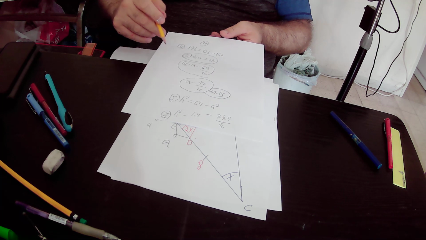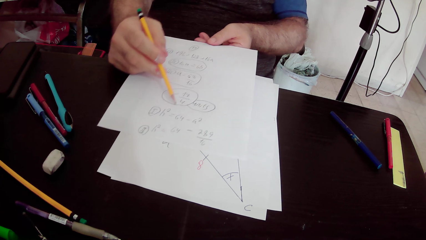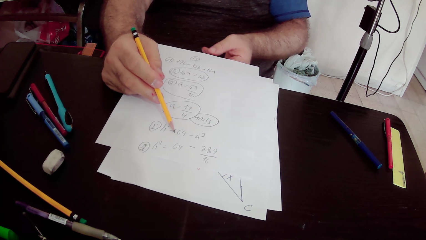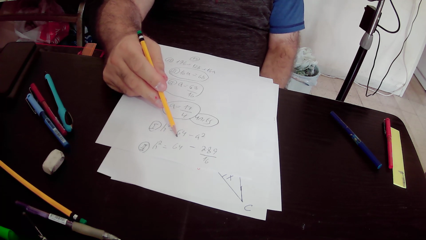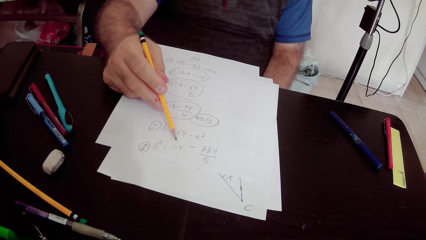Actually here we multiplied 64 by 16 and then we divided it by 16, so we change nothing.